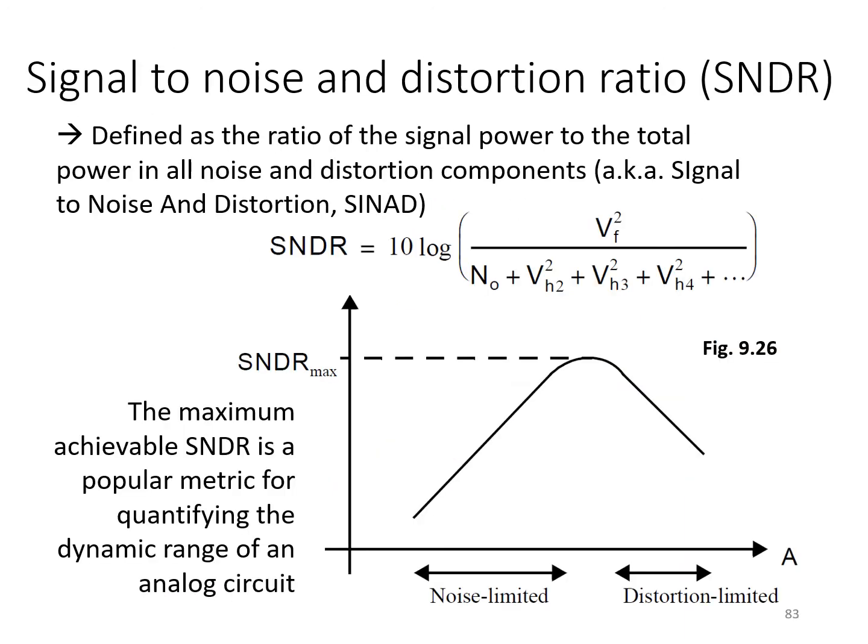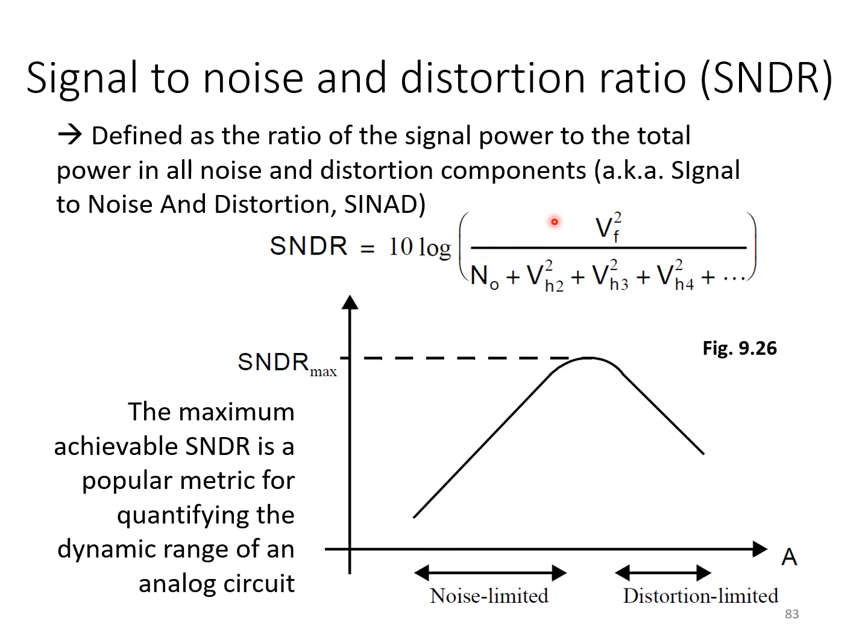The signal to noise and distortion ratio is also useful in quantifying dynamic range. You're probably already familiar with the signal-to-noise ratio, where we would take, for a single tone input, the power at the output of the fundamental and take the ratio of that to the power of the noise at the output.